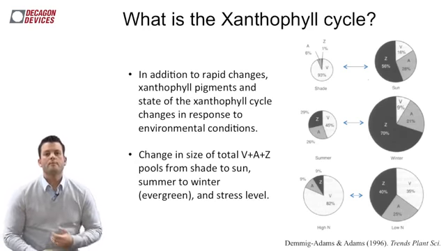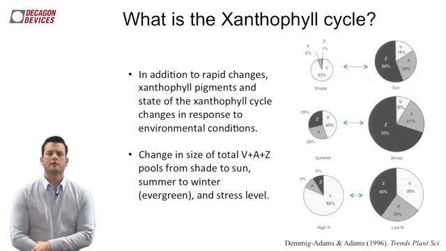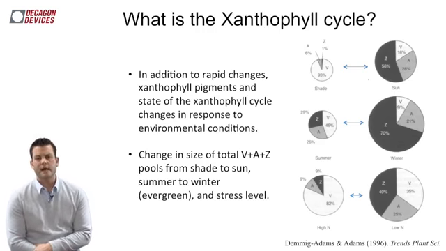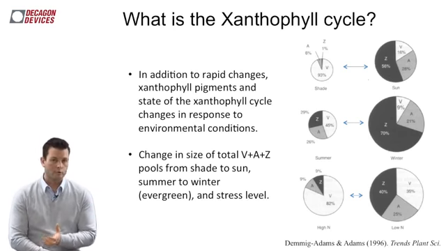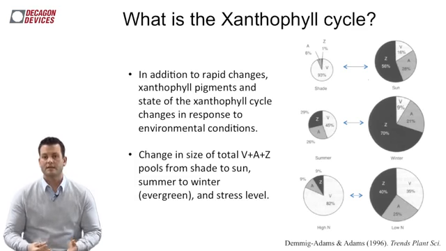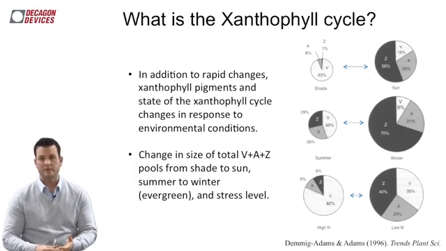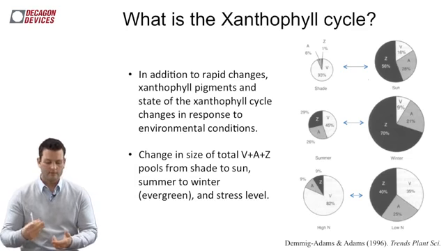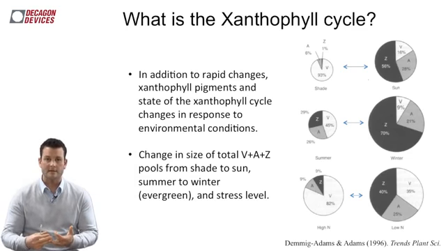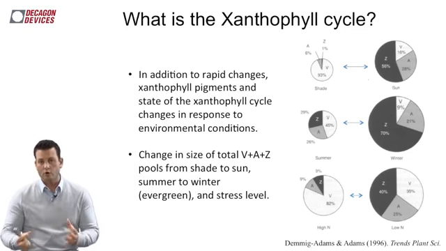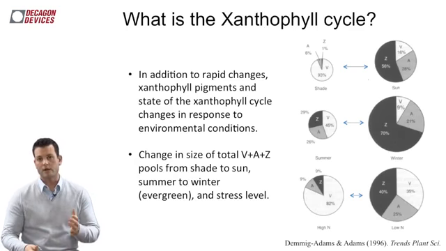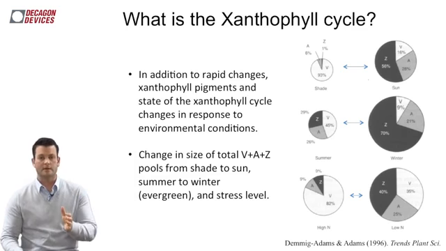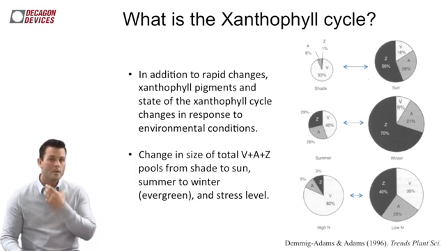So for example, this very nice figure that I extracted from Demmig-Adams and Adams shows a few different treatments and what we can expect with total xanthophyll pool size. So by total xanthophyll pool size, I'm talking about the sum of contents of violaxanthin, antheraxanthin, and zeaxanthin. And then on top of total pool size, it's also showing the relative pool size. So the ratios of violaxanthin to antheraxanthin to zeaxanthin.